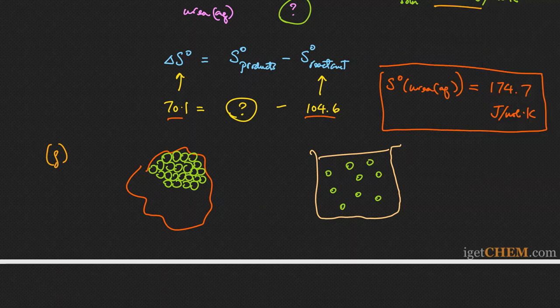So during this process, obviously, the entropy of a dissolved solute is higher than the entropy of a bunch of solid in a confined arrangement. So in this case, the delta S is supposed to go up.